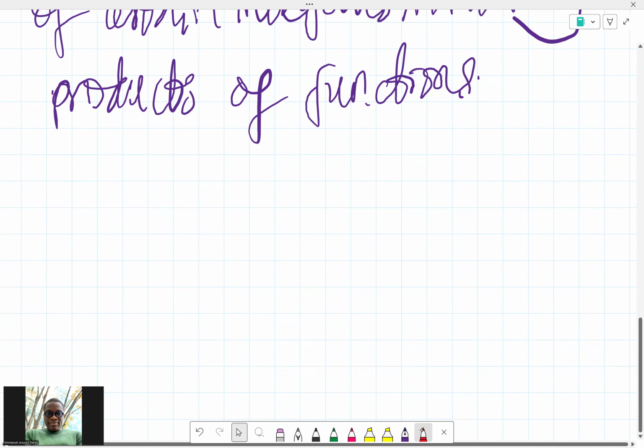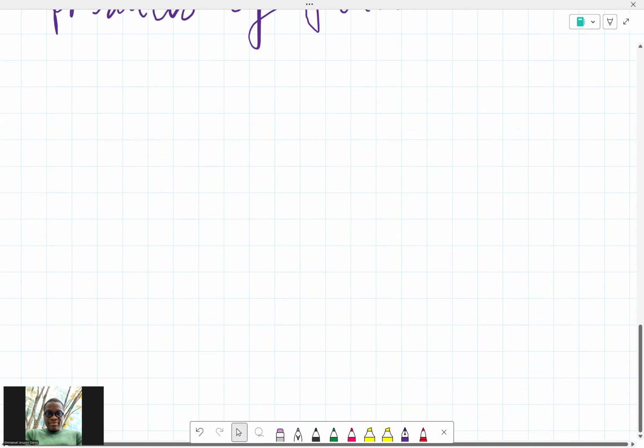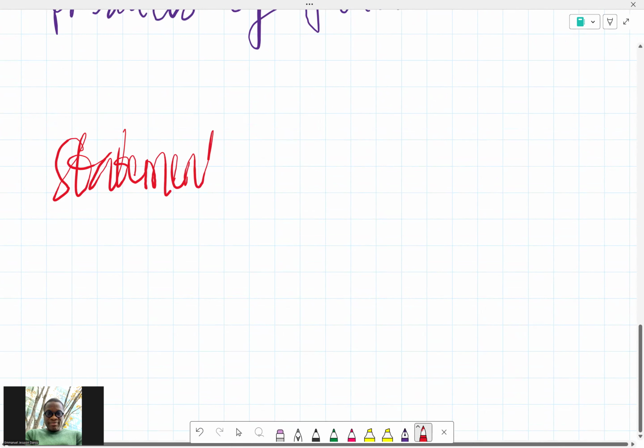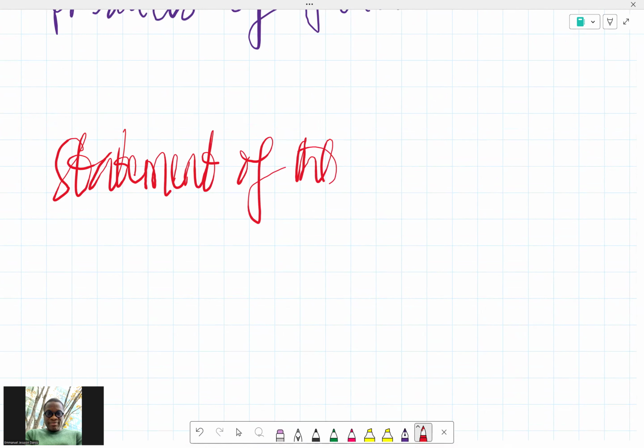Okay, so let's look at the statement more officially, the statement of the convolution theorem.